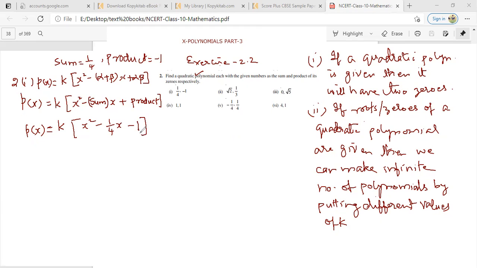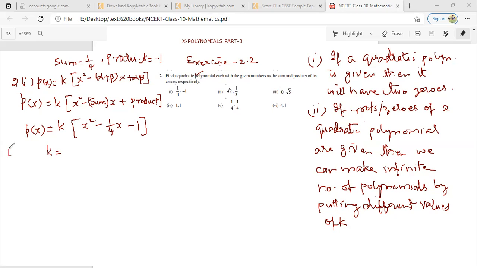But we try to make it fractionless, means this 4. In order to avoid 4, we can put k is equal to 4, so that this 4 will be removed. Or we can let k be any value. As I told you, k is an arbitrary constant. We can put any value, so we will put the suitable value.